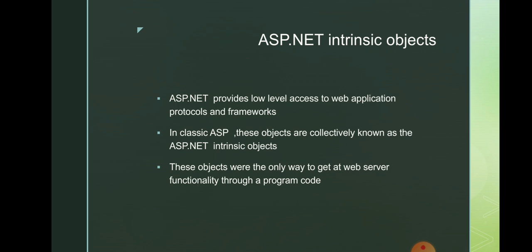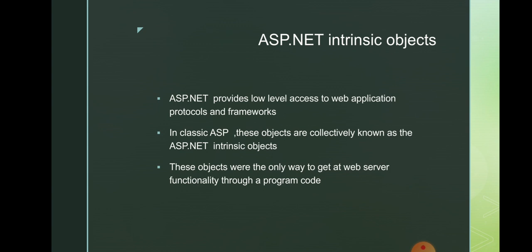And which is the best protocol used in our ASP.NET? Yeah, HTTP. From our first chapter itself, we studied the HTTP protocol. That HTTP protocol helps us to access the .NET framework. Here, we can use many of the objects with the help of HTTP.